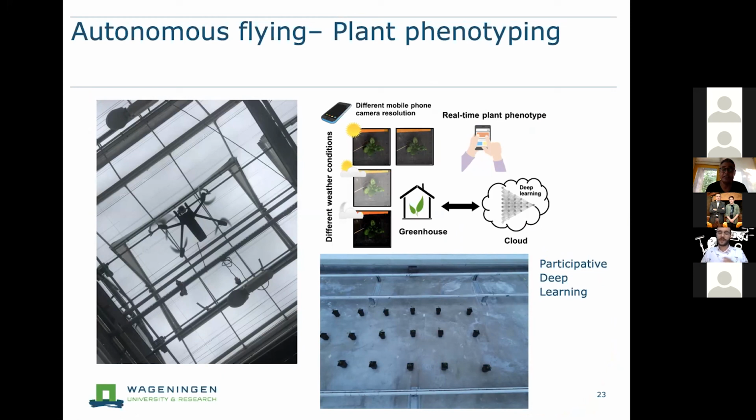We are also combining this with information from the employees of the greenhouse to train a model that combines UAV data with low resolution data from mobile phones. Although today, a mobile phone is not a phone, it's a camera that you can make phone calls with. This is a very interesting project in collaboration with universities in the UK. The results are quite promising. We don't have the publication yet, but hopefully it is going to come very soon.